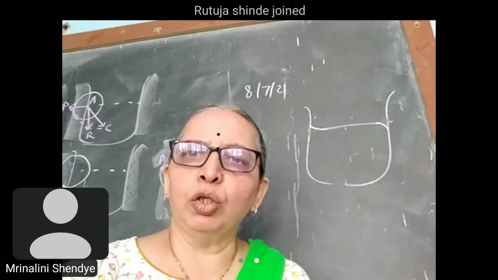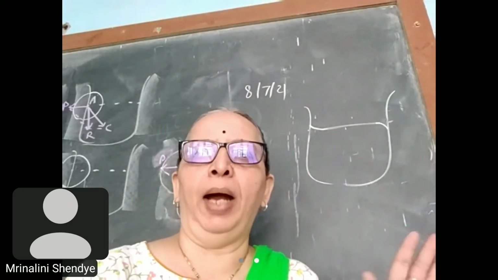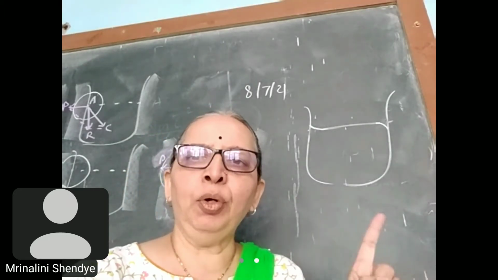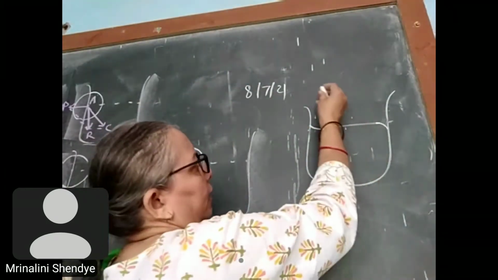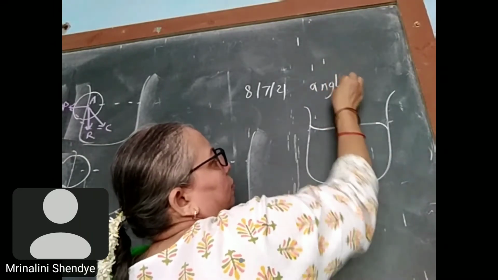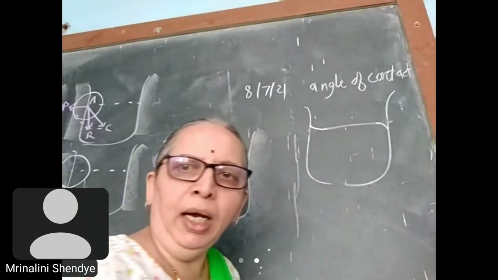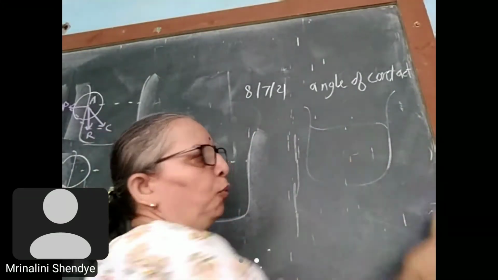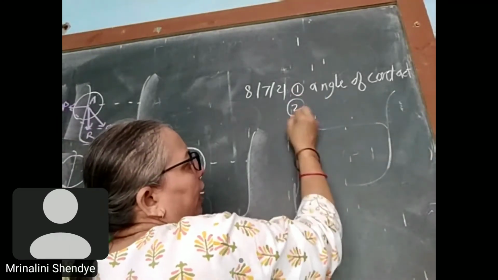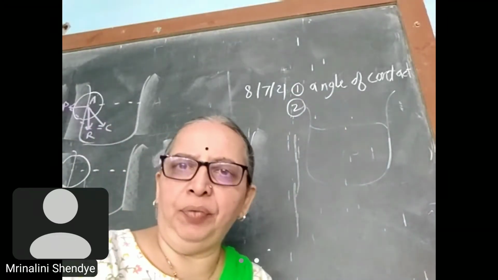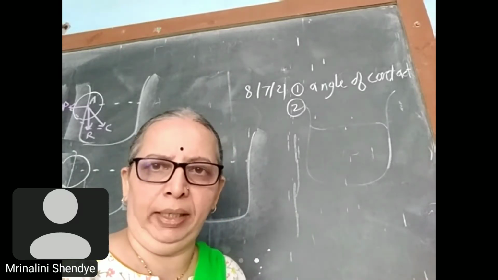It can also be explained with the help of intermolecular theory of attraction and one more additional quantity which is called angle of contact. So today we'll proceed further to study what is angle of contact and to study the shape of the free surface at the point of contact with solid.